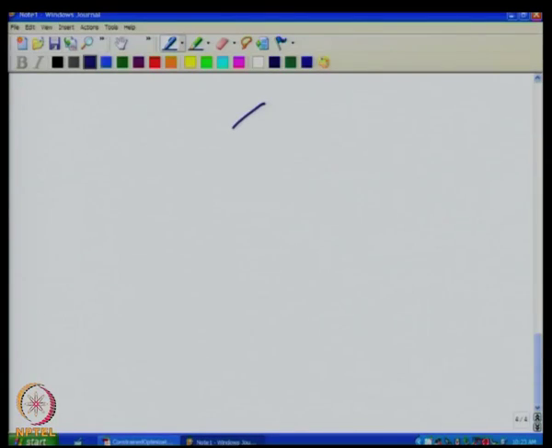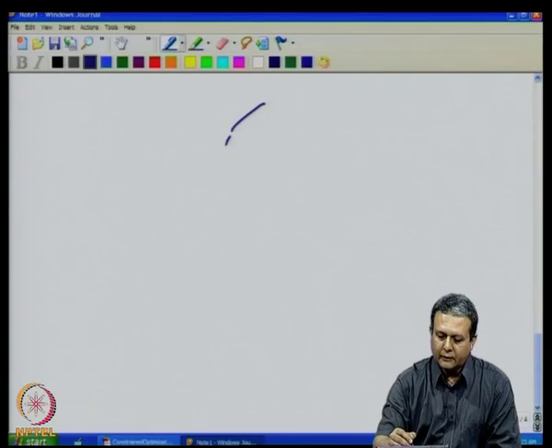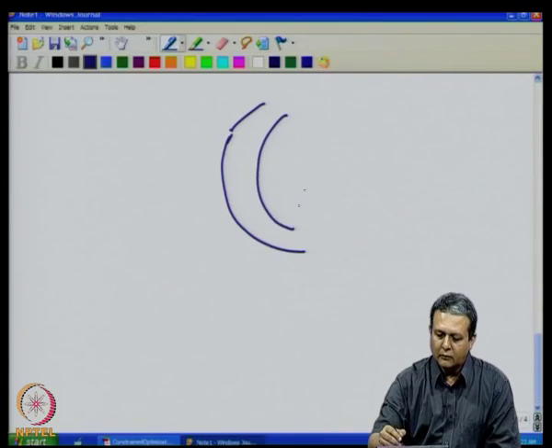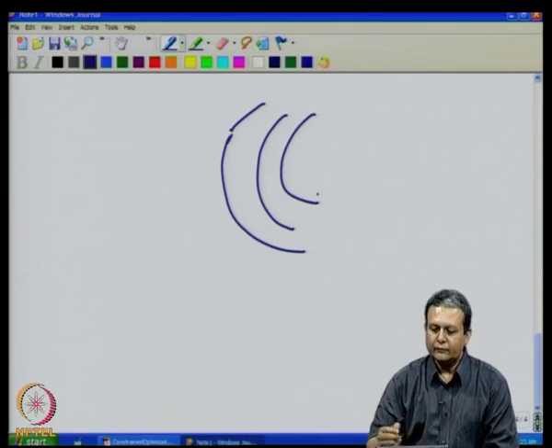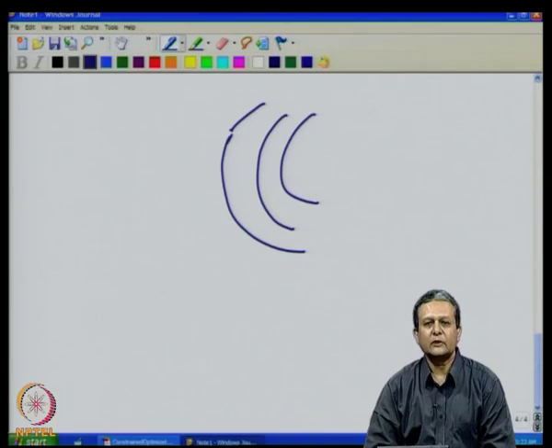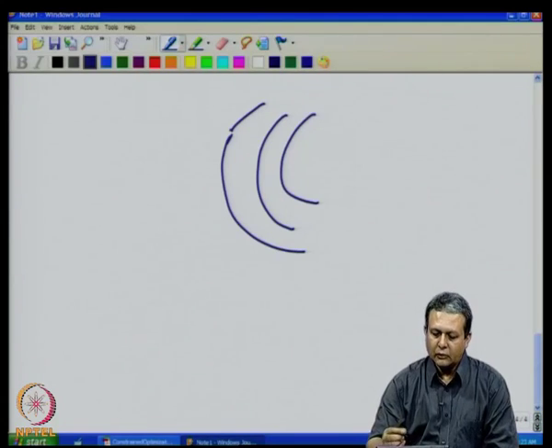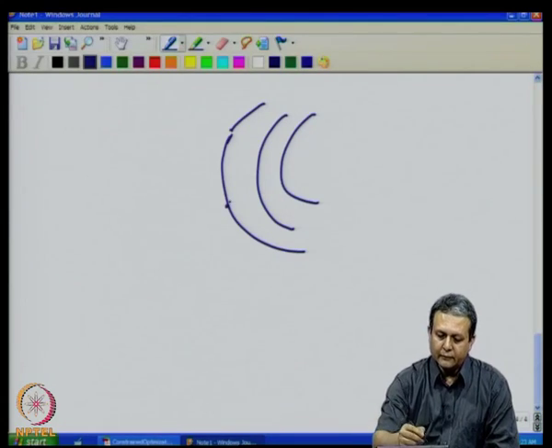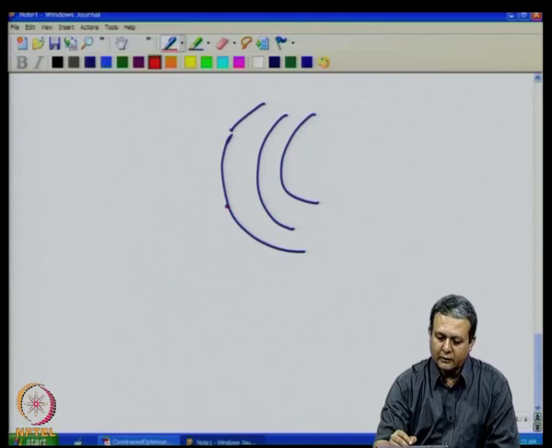Now, we have seen that the contours of a typical objective function would look like this. These are the contours of the objective function. Now, let us assume that the objective function is differentiable. So, at a given point, let us take a point and call this x a.